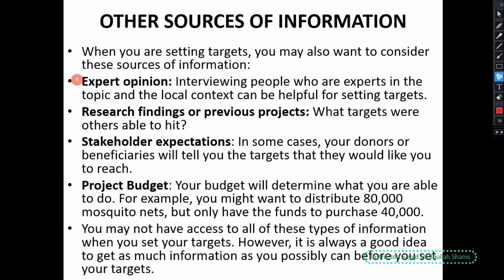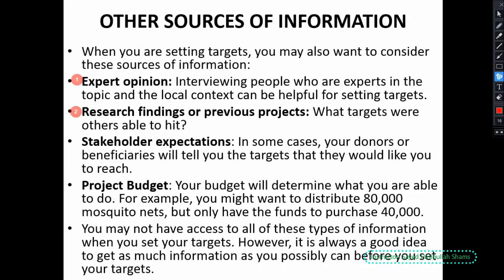The second source is research findings from previous projects. For example, we would like to implement a project in the education sector, and we would like to have community-based education classes in one of the provinces of Afghanistan, or any other country, any other area.